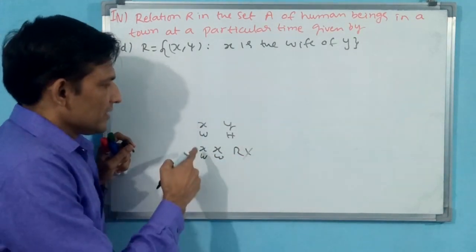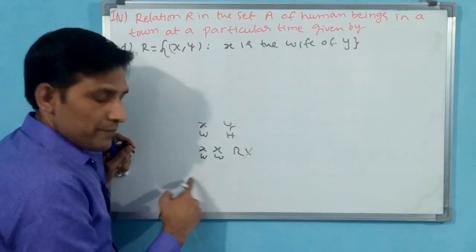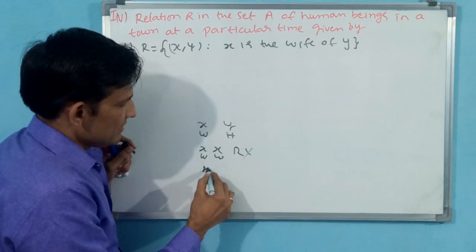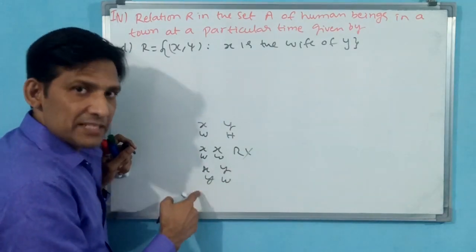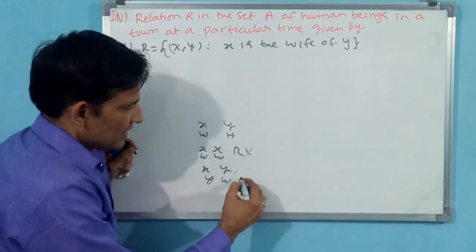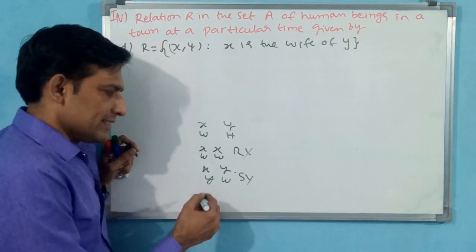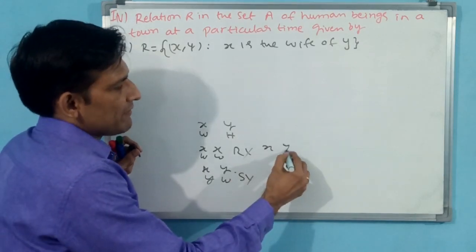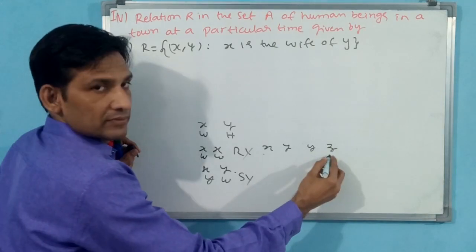First one. Then x is wife of y, but y cannot be wife of x. Y is husband. That is why this is not symmetric also. Okay. Then x is wife of y, y cannot be wife of z. Why?